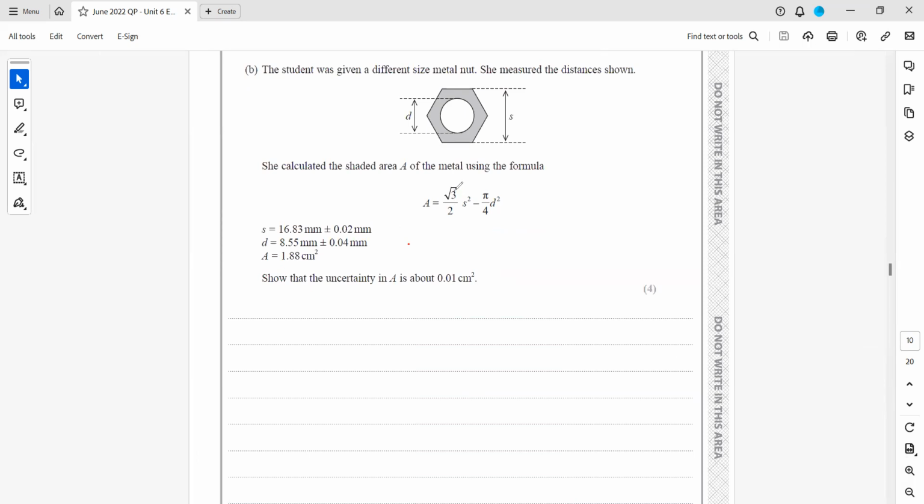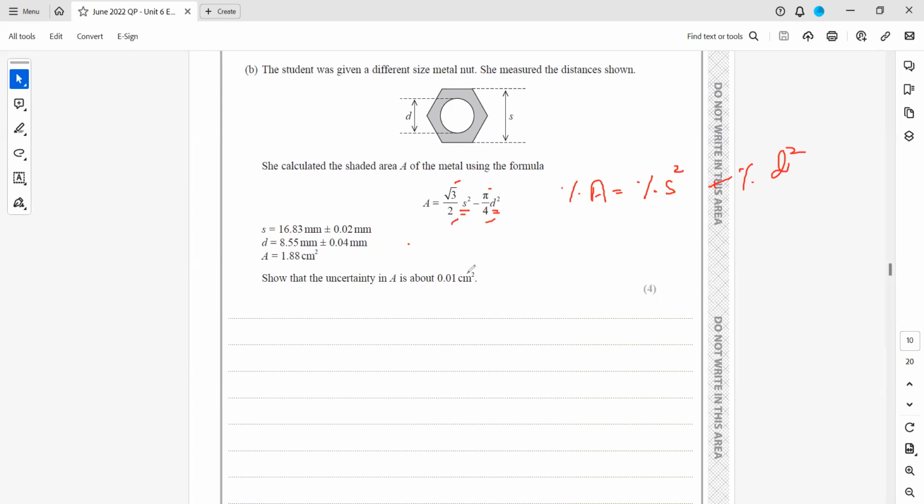A is calculated by under root 3 divided by 2 multiplied by S square minus pi by 4 D square. So these are constant, like pi is constant, under root 3, 2, 4, these are constant numbers. So means uncertainty in A, or first we'll work out the percentage uncertainty in A. Percentage uncertainty in A is equal to percentage uncertainty in S square plus the percentage uncertainty in D square.